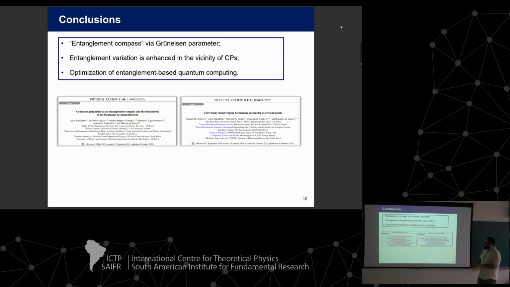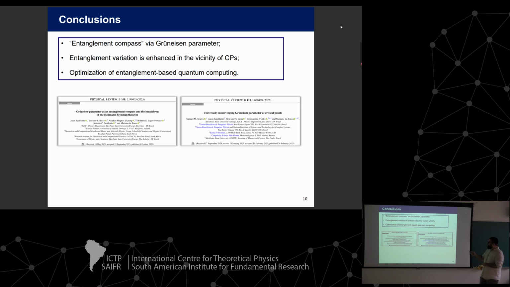So based on this work from 2023, we have proposed this new type of Grüneisen parameter that can serve as an entanglement compass. So if you want to know where your system is more entangled, you can use this parameter to quantify in which conditions entanglement is maximized.